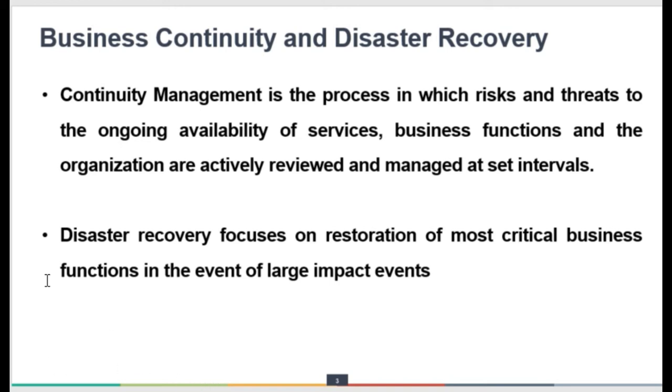Disaster recovery focuses on the restoration. So let's say if something has happened on your assets, and you have to now recover, so that is the disaster recovery. It is purely focused on the recovery, how to bring the resources back to the normal state. So there are different plans for the disaster recovery.